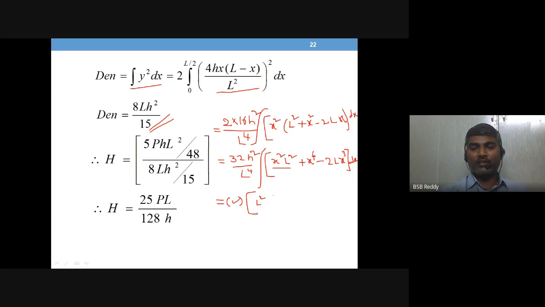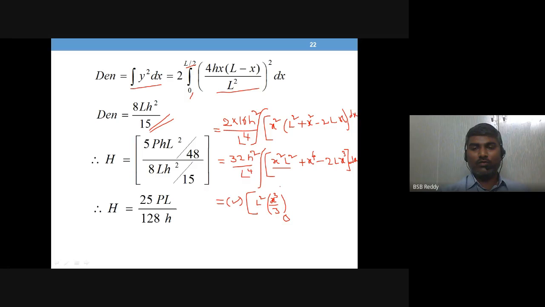x square integration is x cube by 3. What are the limits? Limits 0 to L by 2, because you have used 2 already.